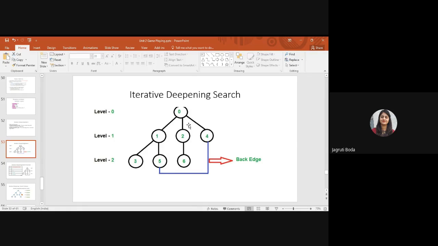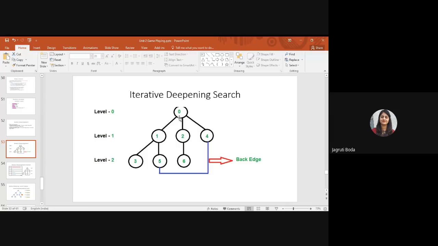So how does it work? We have to explore the nodes level by level. In BFS, we visit the nodes 0, 1, 2 and 4, and in DFS, we visit the nodes 0, 1 and 3. But we have to combine the features of BFS and DFS.